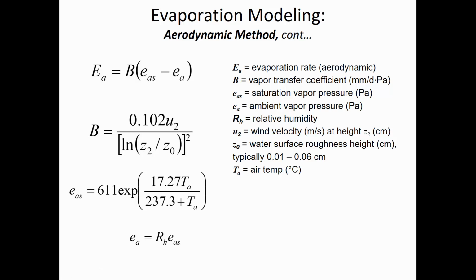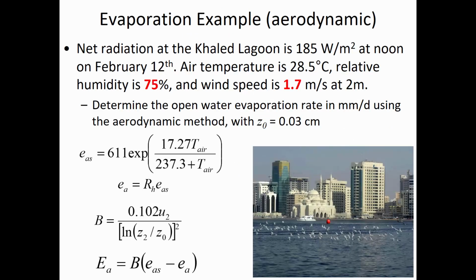Whatever instrument you're using couldn't be immediately at the water surface, and so it's some distance above the water surface, Z2, that you're measuring the wind, and then U2 is going to be the actual velocity of the wind. I'll point out that just the way that this empirical equation is constructed, the temperatures that you should use for the air are going to be Celsius rather than Kelvin, which is sometimes a little bit more normal for us to be using. All right, so let's try out how that works.